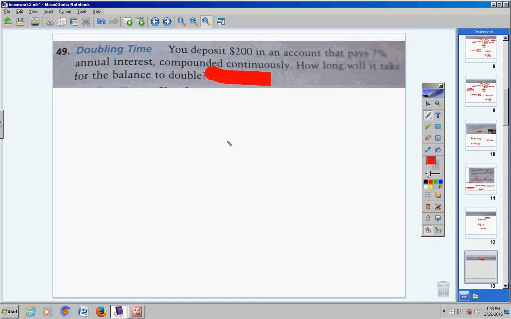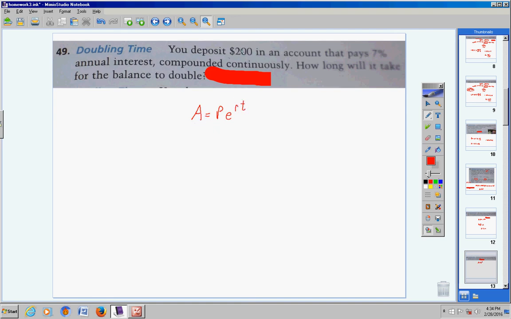Same thing, only now it says compounded continuously, and our money is going to double. We're dealing with compounding continuously, so here's your model. A is your ending amount.